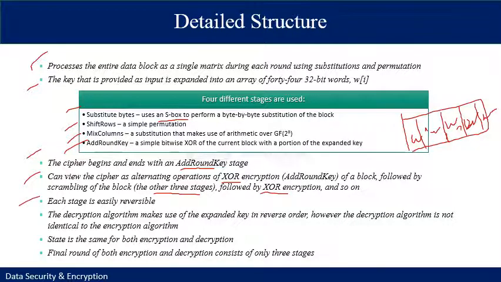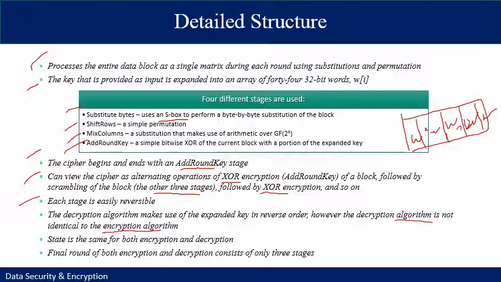In AES, each stage is easily reversible, and the decryption algorithm makes use of the expanded key in the reverse order. However, the decryption algorithm is not identical to the encryption algorithm. In the Feistel structure we have the same encryption and decryption algorithm. However, in AES, the encryption and decryption algorithms differ from each other.